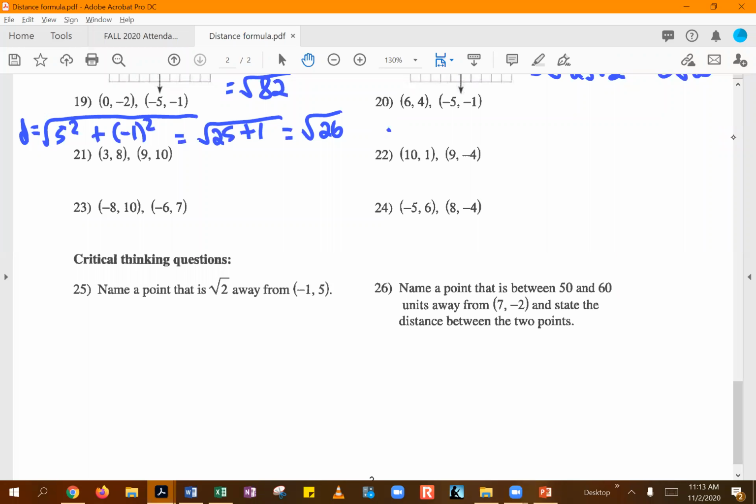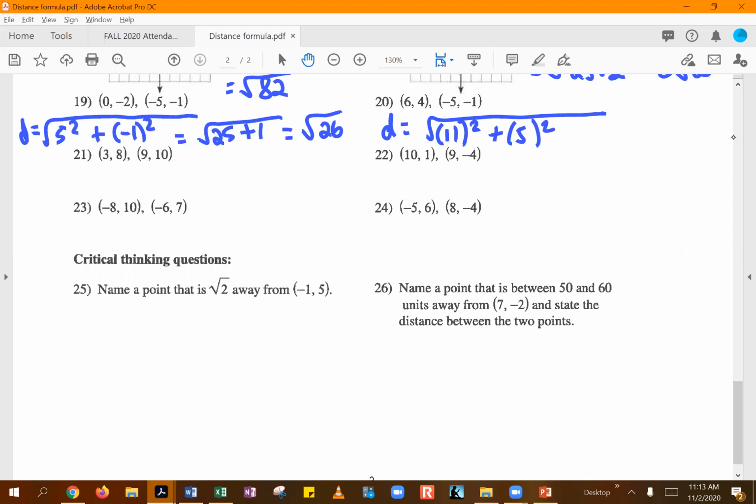All right, so you are taking the difference between the x values, so that would be 6 minus -5. So actually that would end up becoming 11, and you would have 11 squared plus 4 minus -1, which would end up becoming 5.